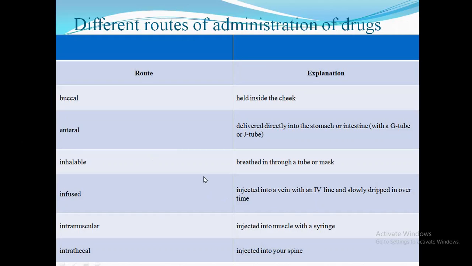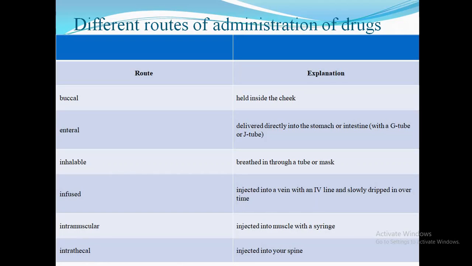And this is a table showing the different routes of administration of drugs as a summary. In the first column, the various routes are given, and in the second column, the explanation for the individual routes. For example, buccal route: held inside the cheek. Enteral route: delivered directly into the stomach or intestine.